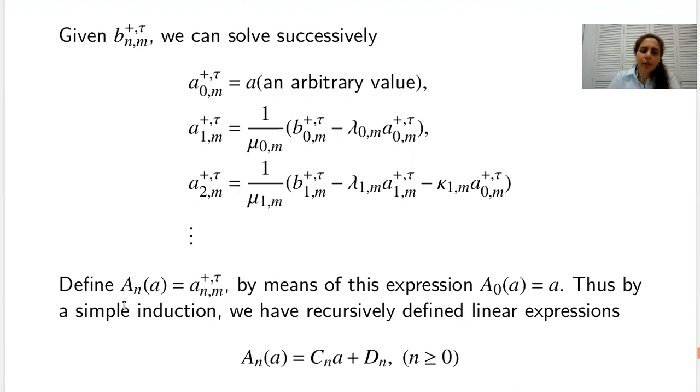Then define capital A n of A, which is equal to A n m plus tau, by means of this expression. A naught of A is equal to A. Therefore, by a simple induction, we can have a linear expression in this form: A n of A is equal to C n A plus D n for all n greater than or equal to 0.